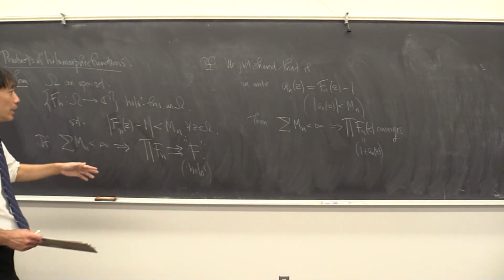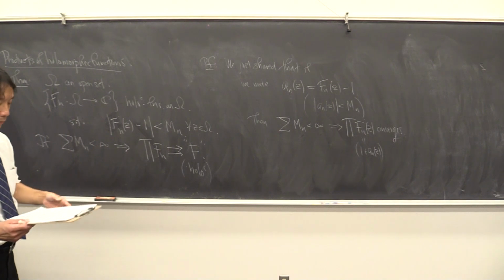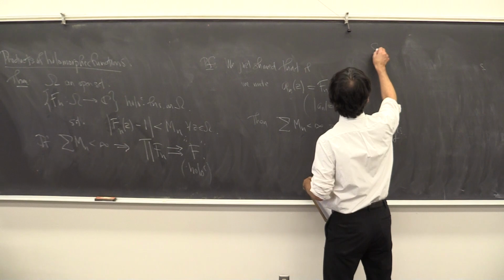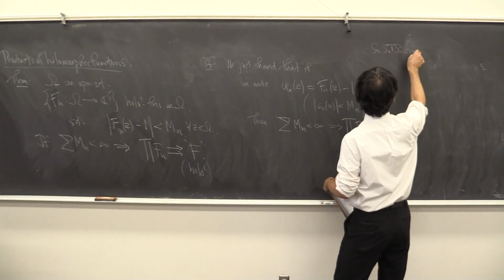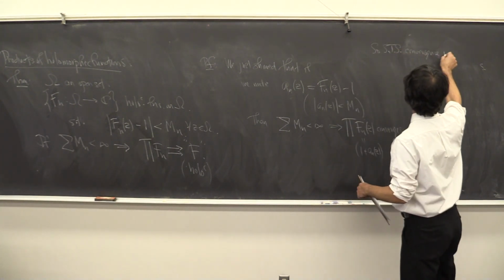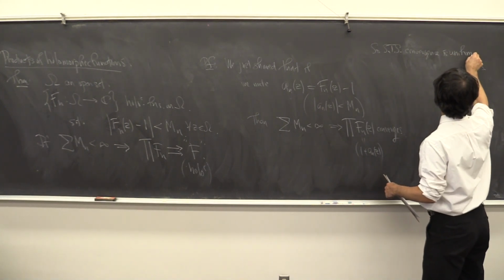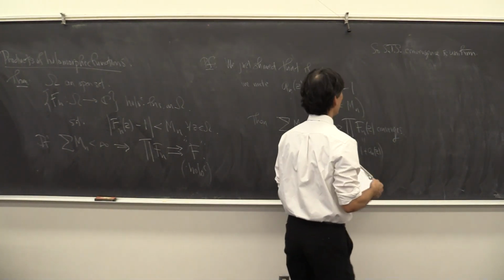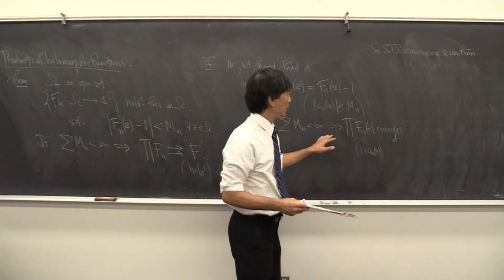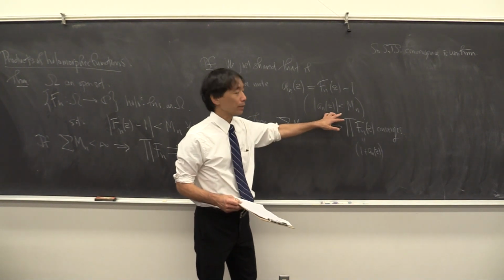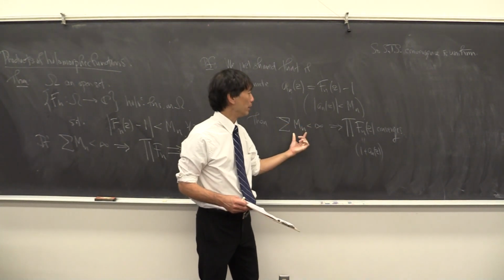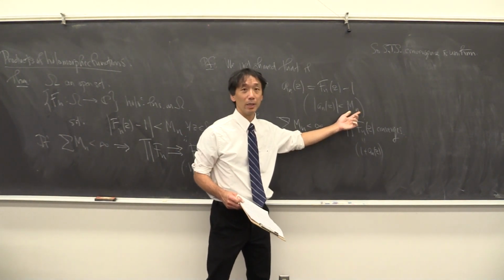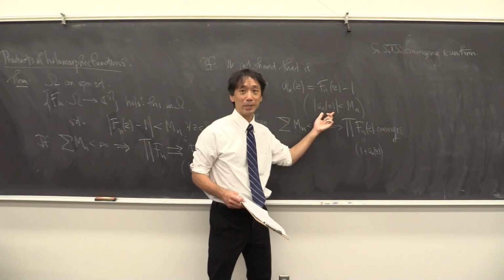The only thing we need to show is that it converges uniformly. So it suffices to show that convergence is uniform. But that convergence depends on these numbers, and these numbers are independent of z.